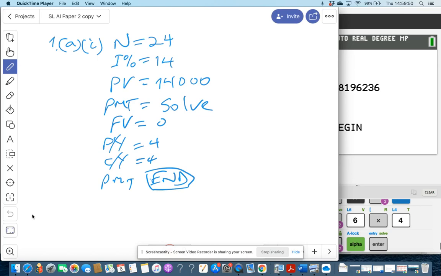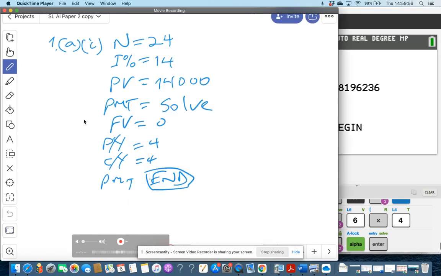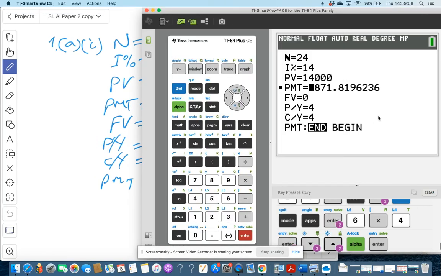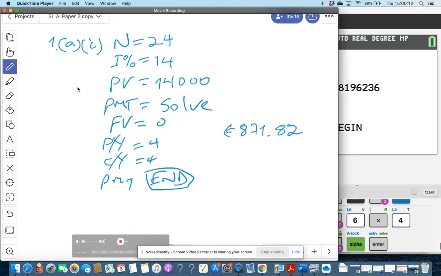We solved for payment. I mirrored this screen in my workings. And again, my answer is 871, 2 decimal places, 82. Okay, so that is my answer. That is my workings for 1(a)(i).